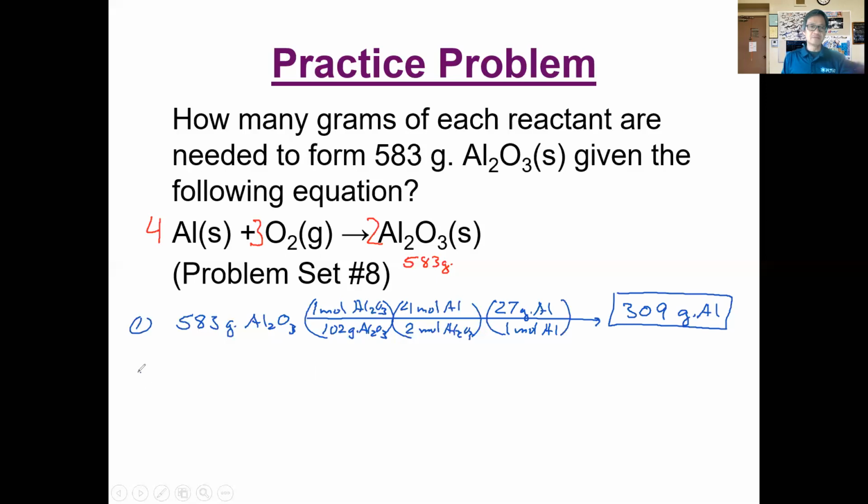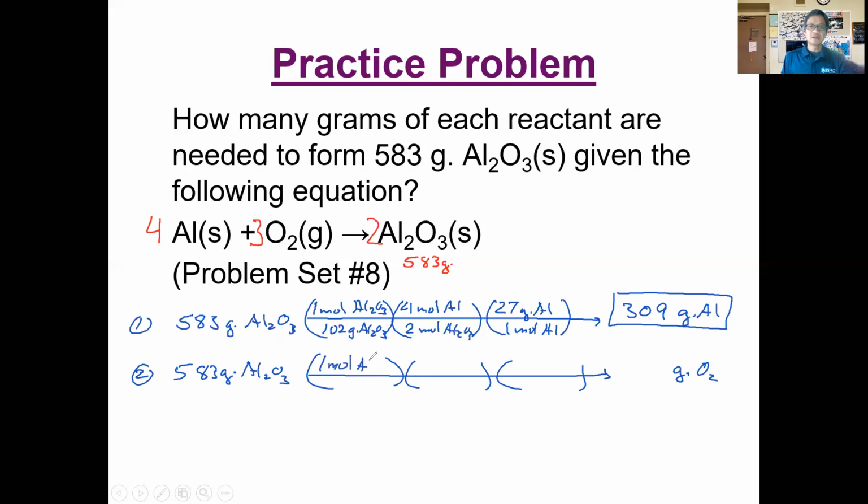The second conversion is going to be very similar to the first one. This time, we're going to solve for the mass of oxygen, not aluminum. Again, we need 3 conversion factors. The first is the molar mass of aluminum oxide, 102 grams Al2O3.